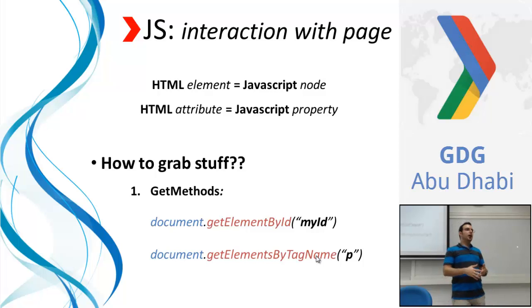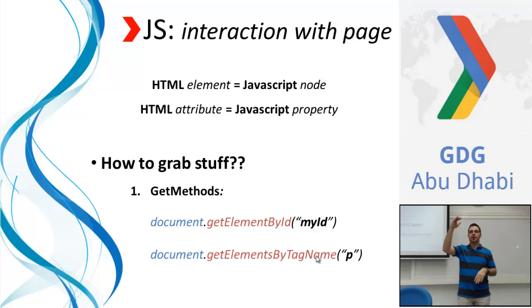So in the inline I showed you that we can just give it onclick, and we click that element itself. But how can we choose the element from the JavaScript? Well, you have the get methods in JavaScript, which are document.getElementById or document.getElementsByTagName.